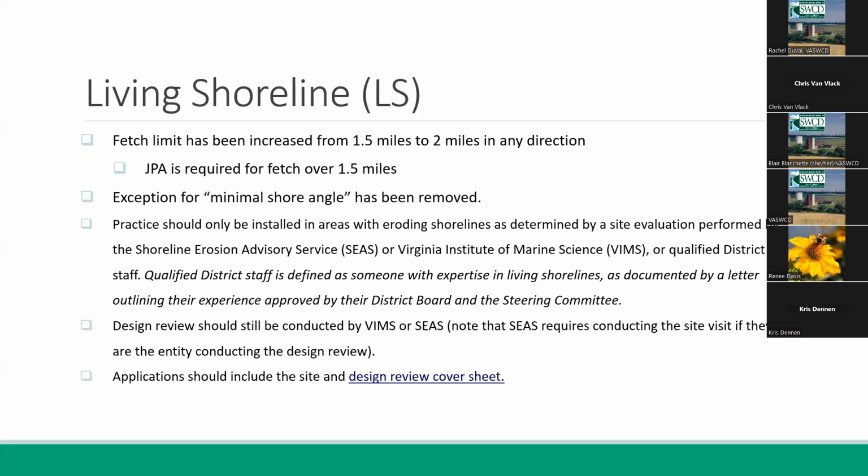We require design review for every living shoreline in addition to that site assessment. The design review can be conducted by VIMS or CBs, and note that CBs, if they are the one conducting the design review, would also like to be the one doing the site visit to assess for that erosion. All living shoreline applications should include a site and design review cover sheet.